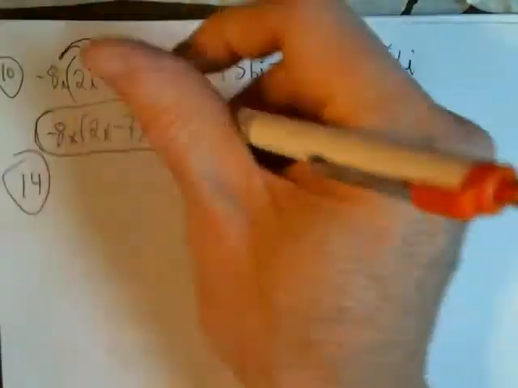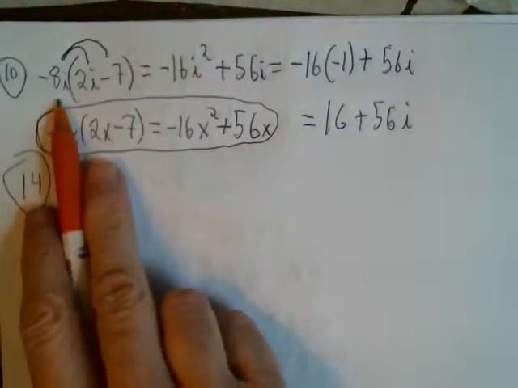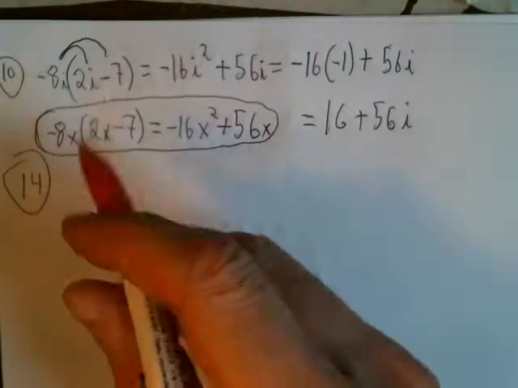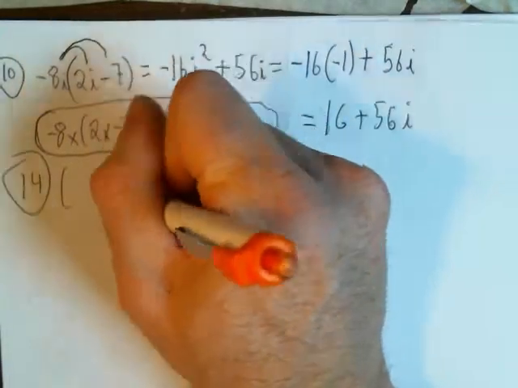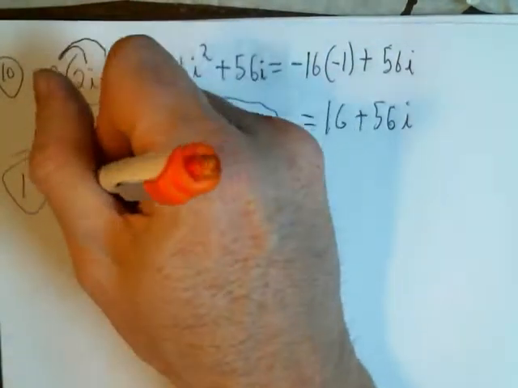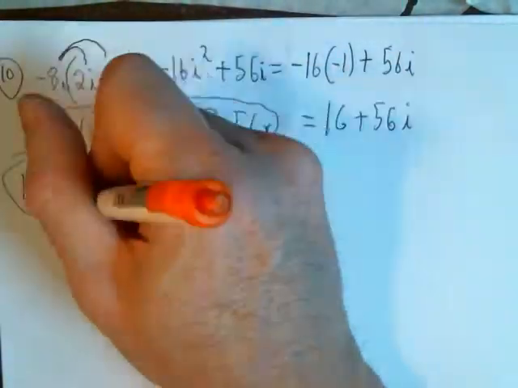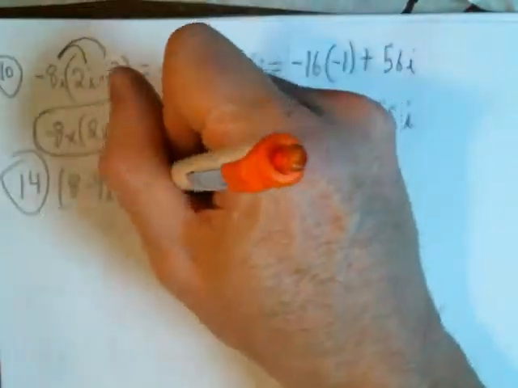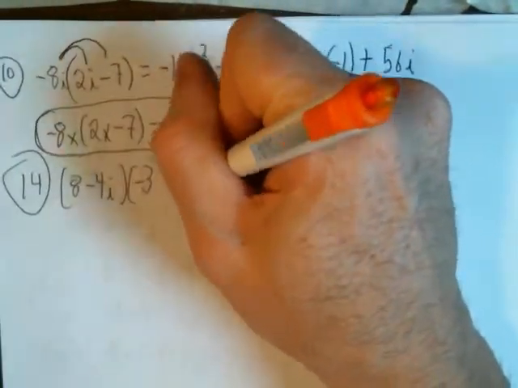So this is a single term times a binomial. We also want to look at two binomials being multiplied together, which is what you have when you multiply two complex numbers. So negative 3 plus 9i. And what is this?